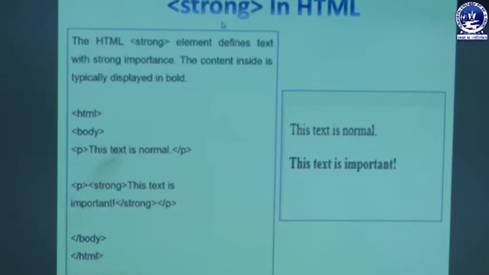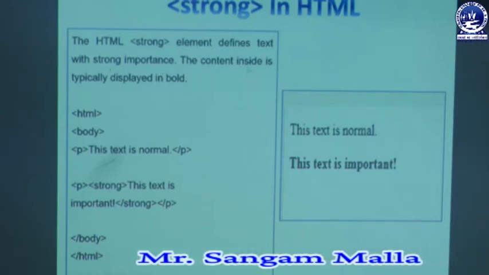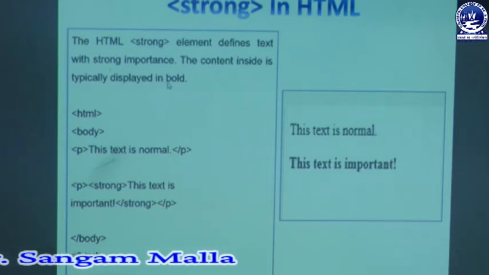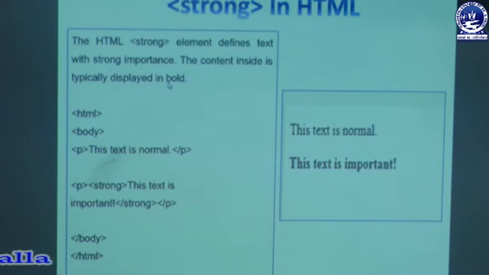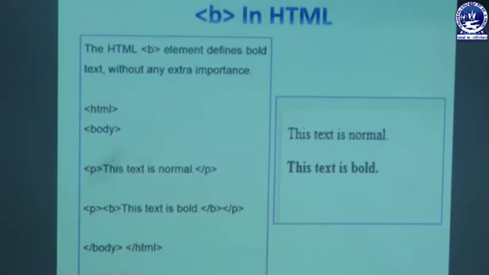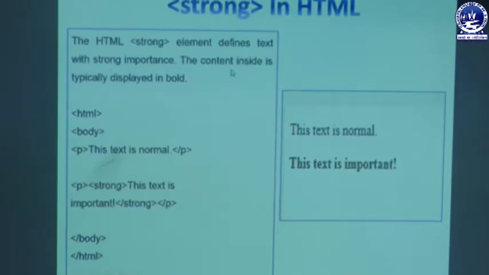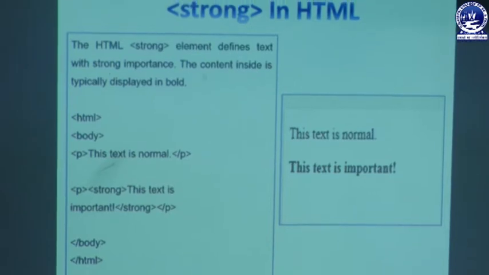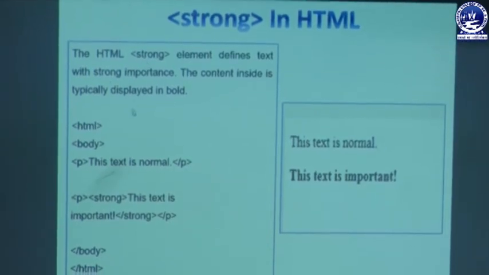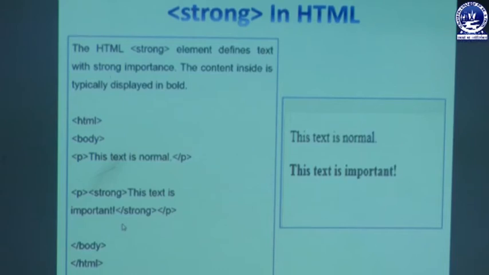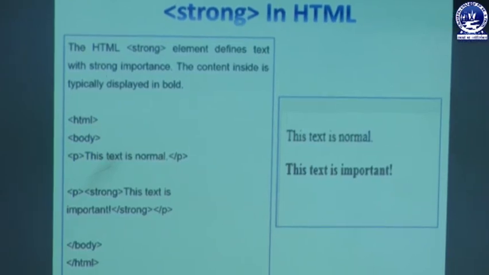Now we will be moving to the strong tag in HTML. The HTML strong element defines text with strong importance. The content inside is typically displayed in bold. That means you can see that in the previous example the bold is written in simple bold letters, but in the strong case, if the content is important, then we can specify the strong tag and give the text whatever is to be emphasized.